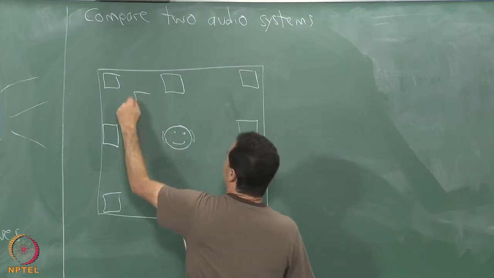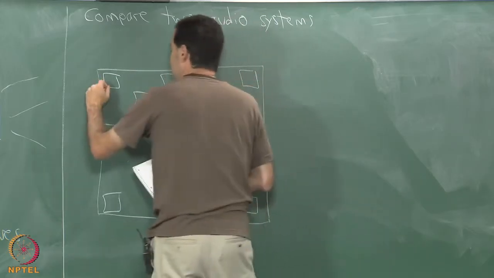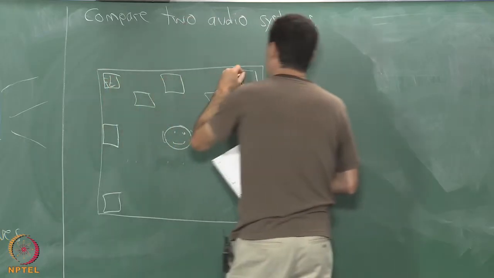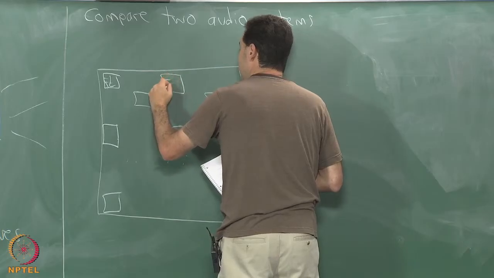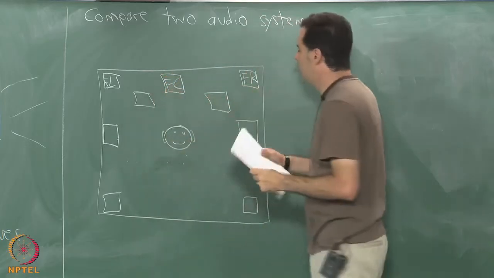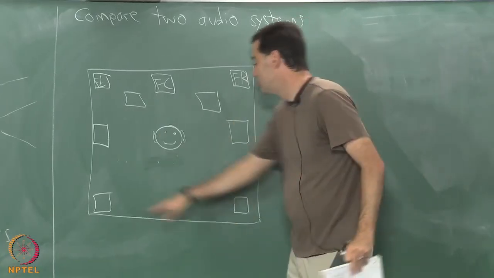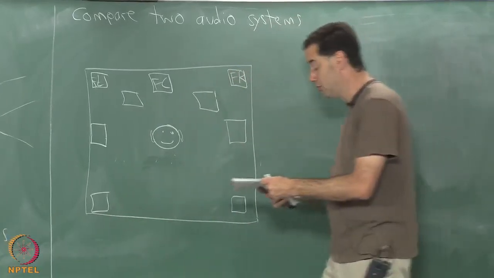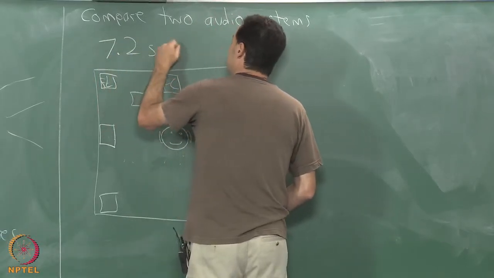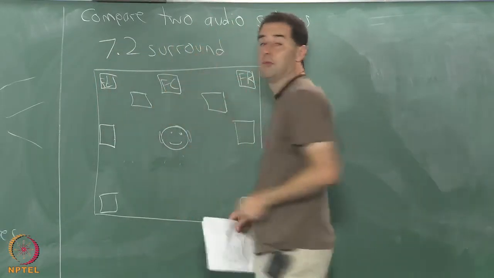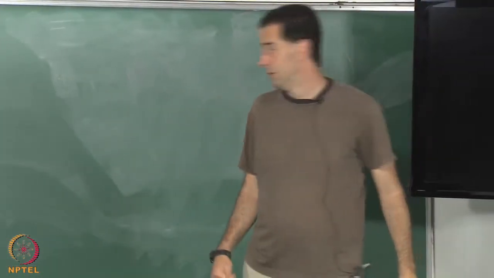I could put labels on these: there's a front left and front right and front center. Put a couple of subwoofers here, some middle left and right speakers, some rear left and right speakers, and then you have what's called 7.2 surround sound, one particular technology standard, by putting enough speakers around.